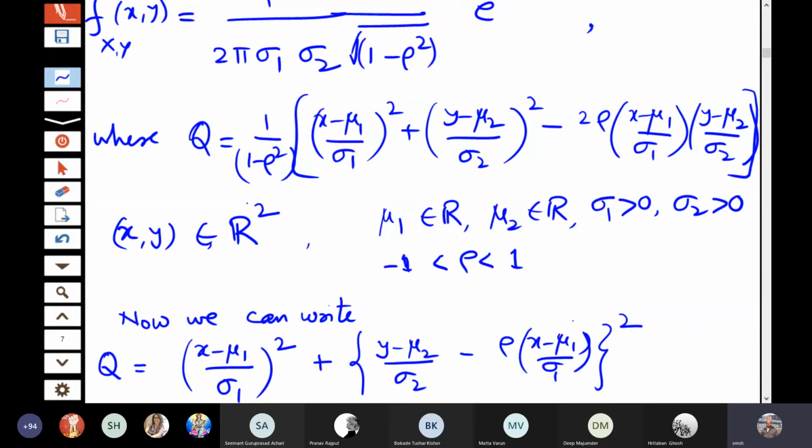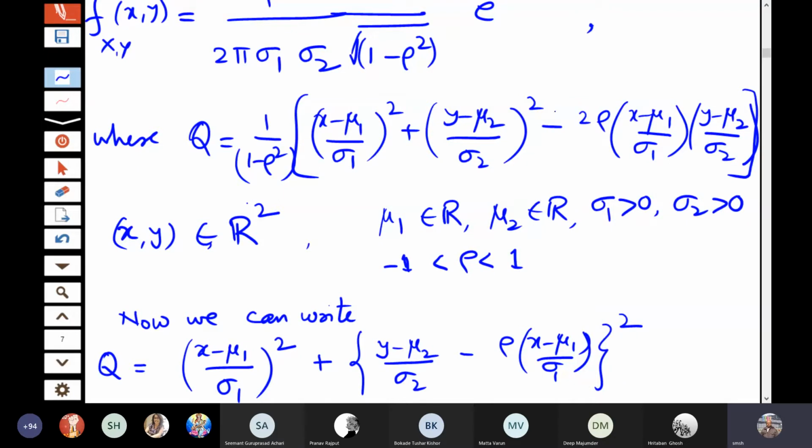Let us look at whether what I have written makes sense. This is ((x minus mu1) by sigma 1) square. Here I consider 1 minus rho square plus rho square. The 1 minus rho square in the numerator and denominator gets cancelled, and I get ((x minus mu1) by sigma 1) square.